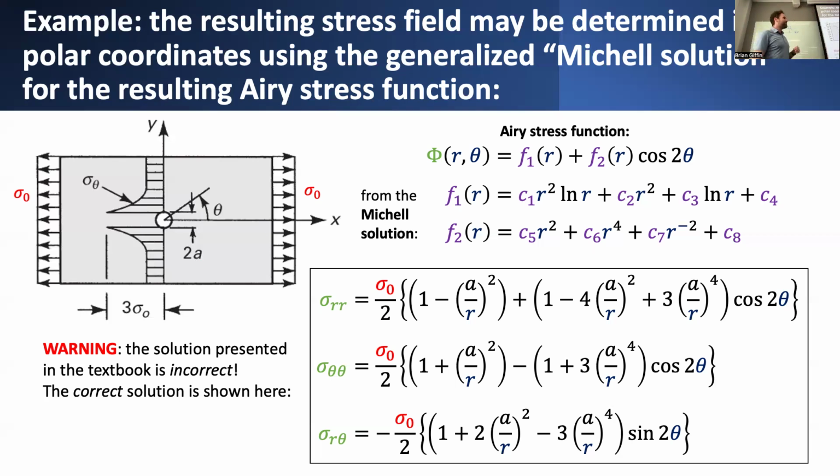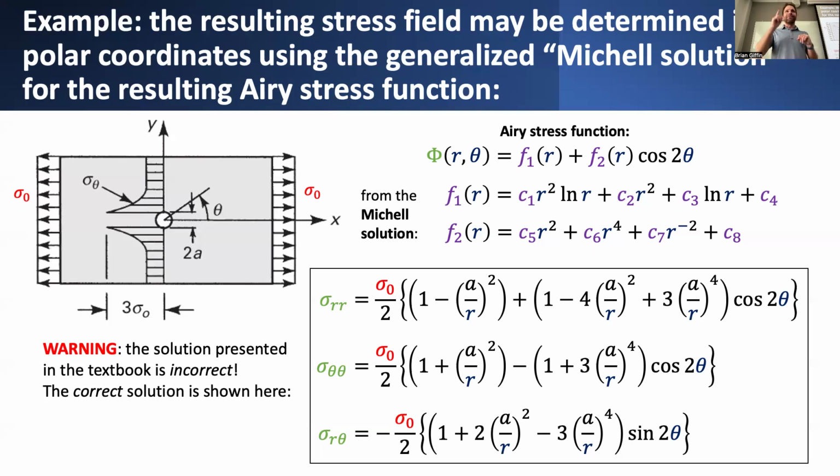That's more or less how you would go about evaluating these functions and enforcing those boundary conditions. Set r equals infinity, which, since r shows up on the bottom here, basically means that any terms that depend on 1 over r or 1 over r squared just go away. You can use those conditions to enforce the far field stress conditions.